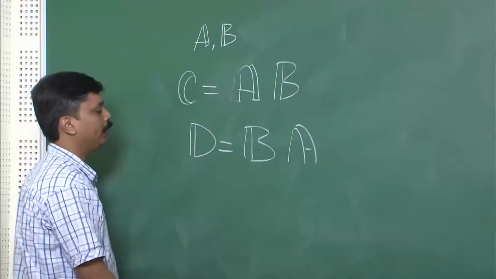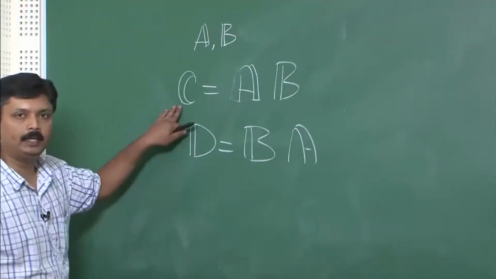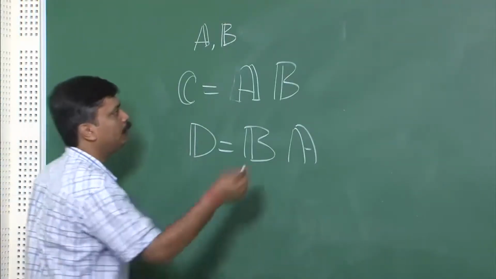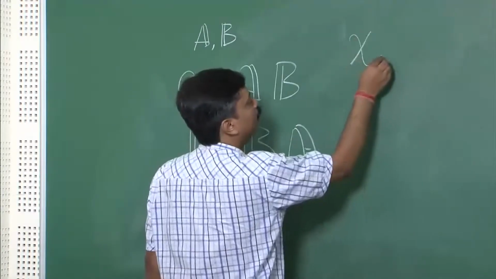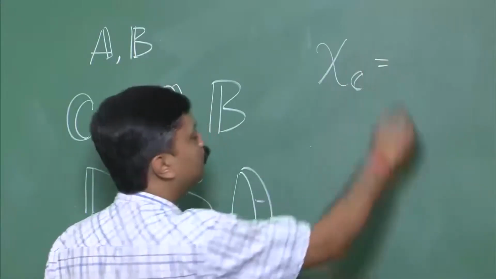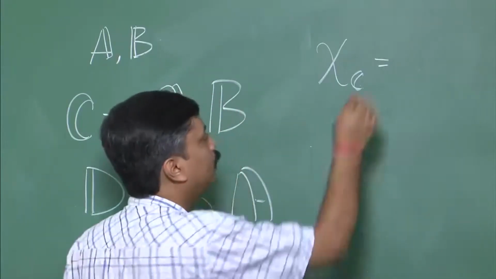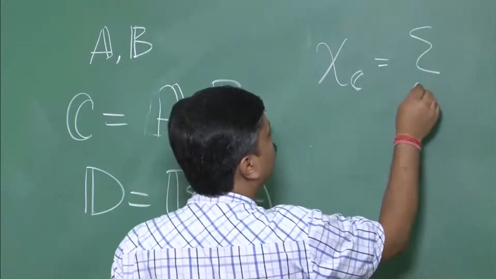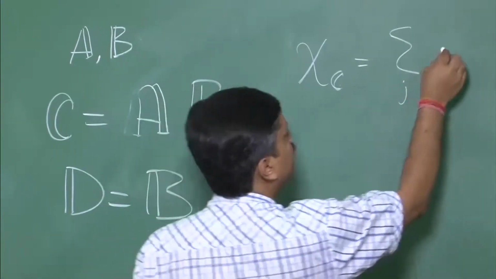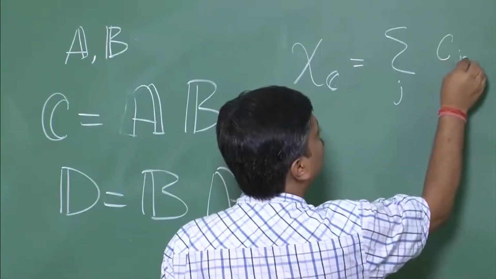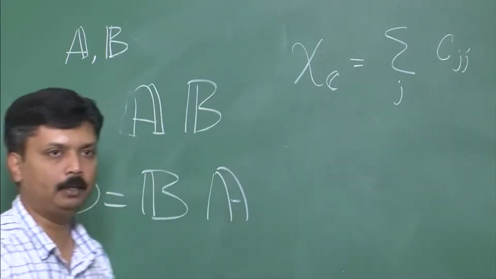So how do I prove that? If I want to find the character of C, that means the character of C equals the sum of all the diagonal elements of the matrix C, correct? So if I write this as the sum over j of C_jj, those are the diagonal elements, right?